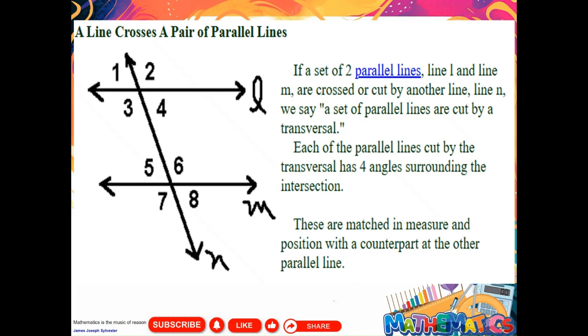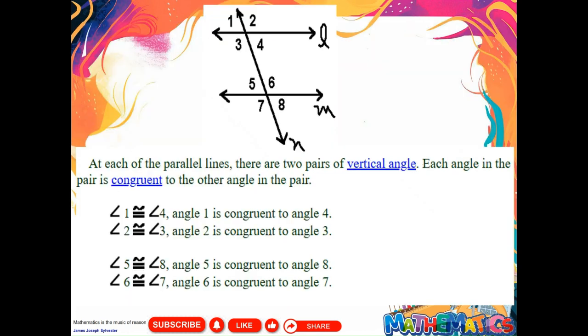As you can see, we have 1, 2, 3, 4. They are four angles surrounding the intersection. The same with 5, 6, 7, 8. At each of the parallel lines, there are two pairs of vertical angles.